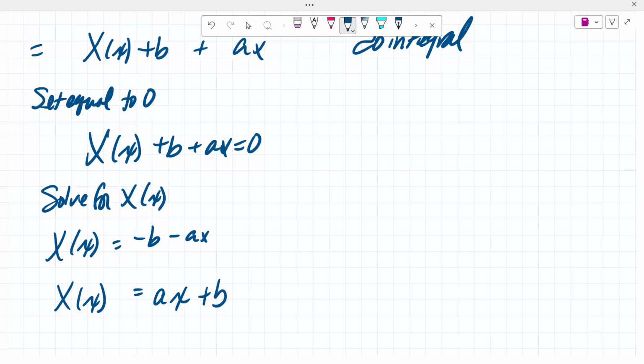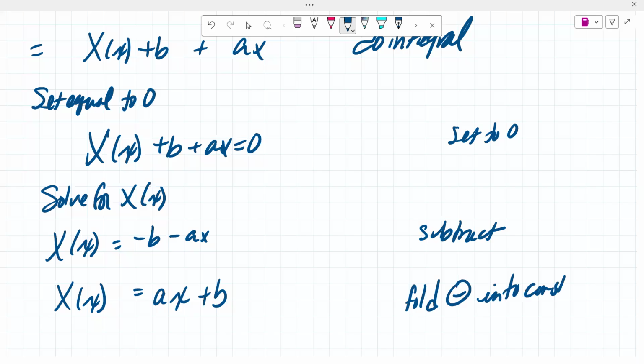All right, so what did I do here? I set it equal to 0. And in order to solve for X, what I did is I subtracted. And what did I do here? Fold the negative into the constants. And then I rearranged.